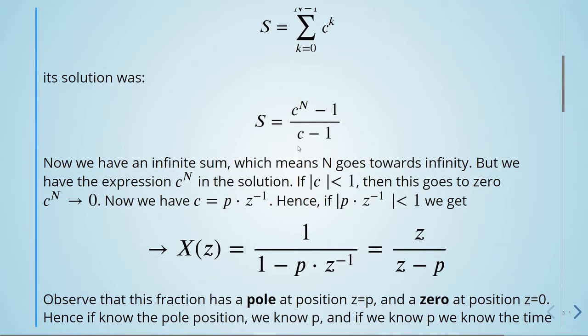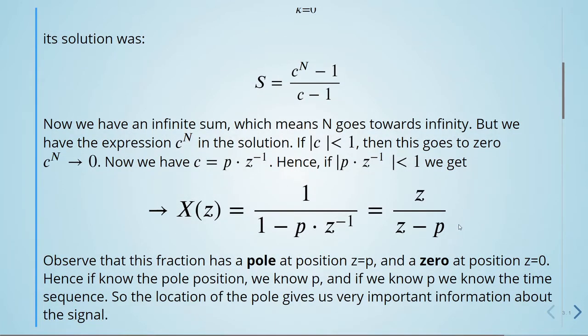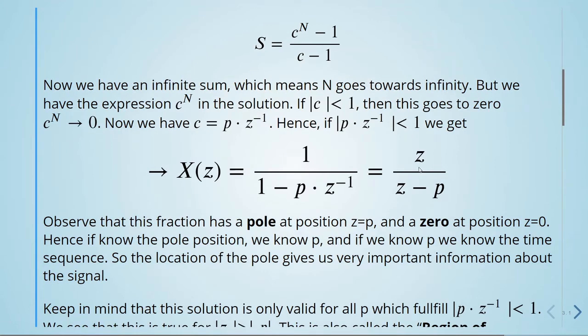So remember that c is equal to p times z to the power of minus 1. We need the absolute value of c to be smaller than 1, so we need that the absolute value of p times z to the power of minus 1 is smaller than 1, and we have that the z-transform is equal to z divided by z minus p.